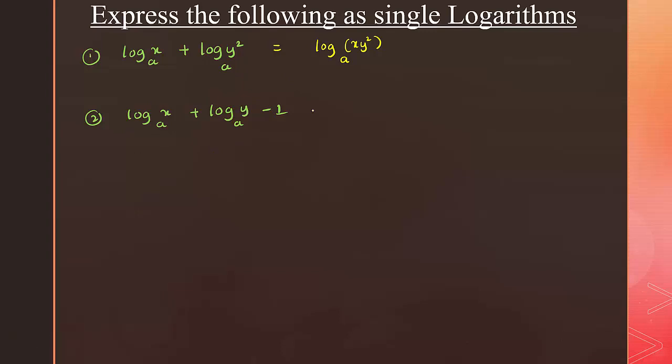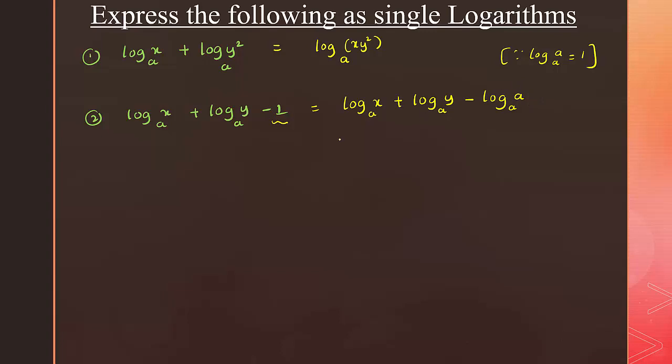How to solve it? I am going to write it as log x to the base a plus log y to the base a minus, in place of 1 I am going to write log a to the base a, because we know that when the argument and base are the same, it is equal to 1. So in place of 1 I can write log a to the base a.